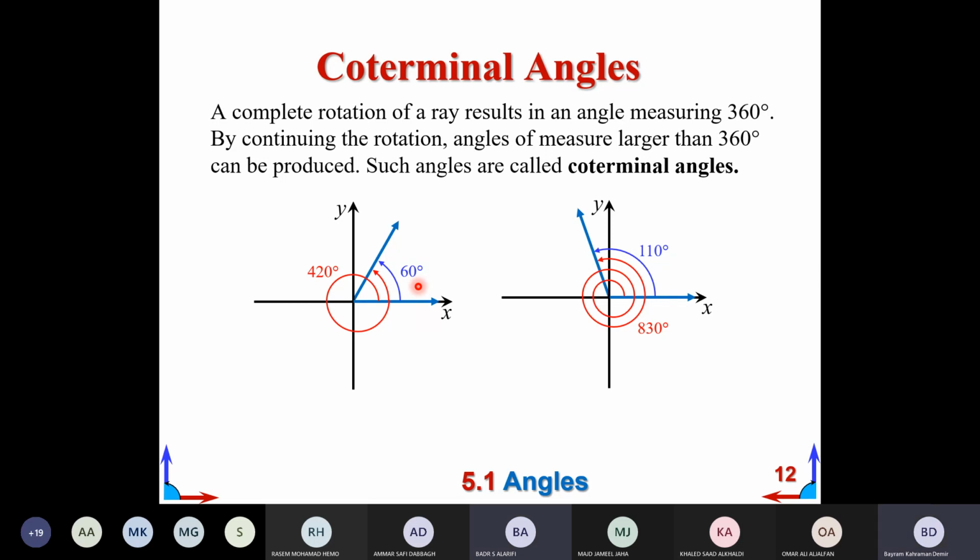Subtracting 360 is not enough, right? So you need to subtract another 360, meaning 2 times 360, that is 720. All right. So this is the idea of coterminal, Shabab. You just need to add or subtract 1 times 360 or 2 or 3 or 4 times 360, as much as you need. All right.